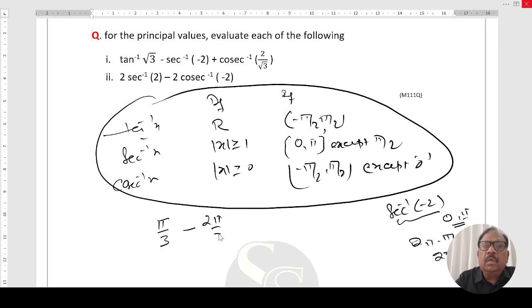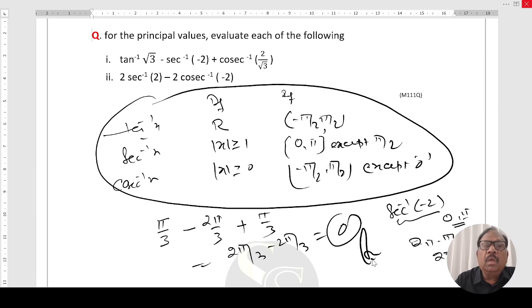Plus, this also belongs to the domain, 2 pi by 3, and root 3 gives pi by 3. On simplification, pi by 3 plus 2 pi by 3 minus 2 pi by 3, the answer comes out to 0. The answer of this is 0.